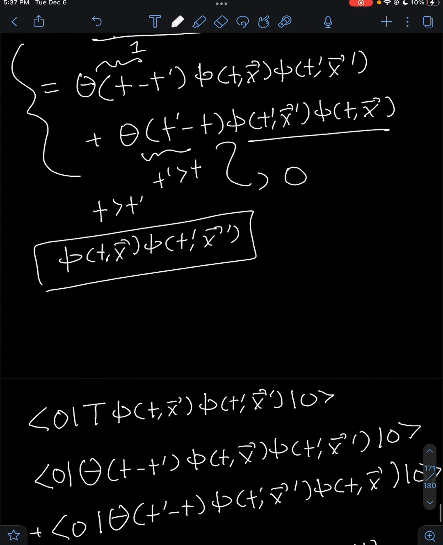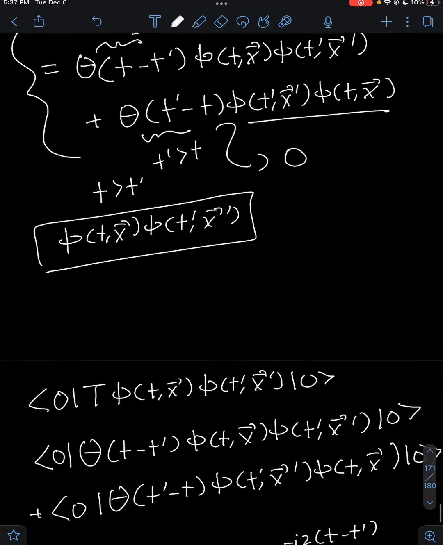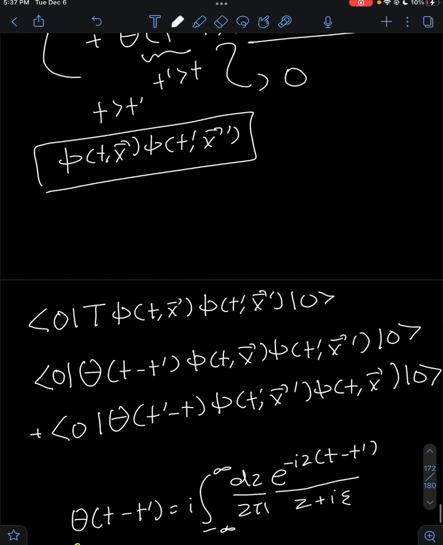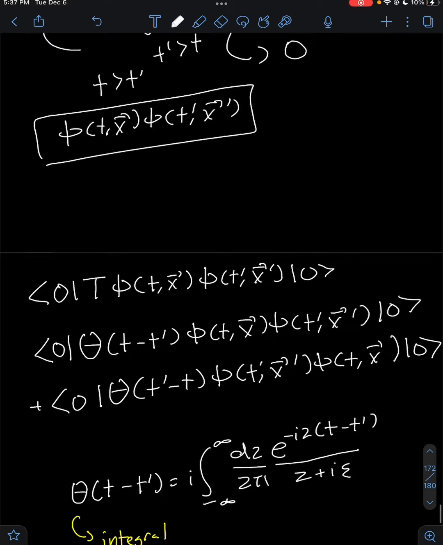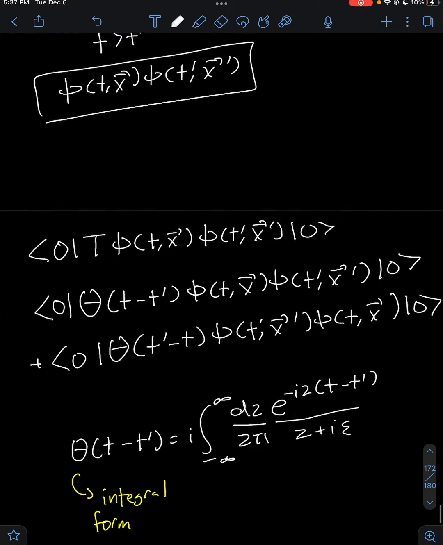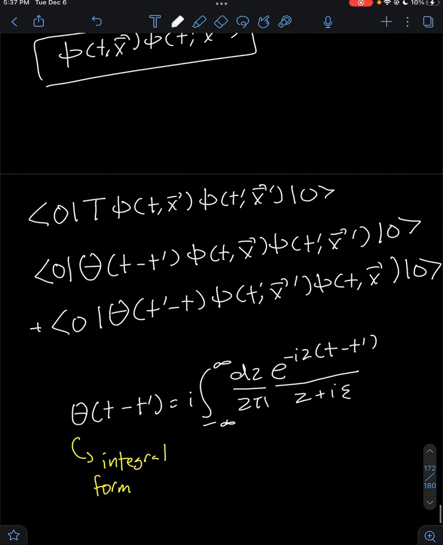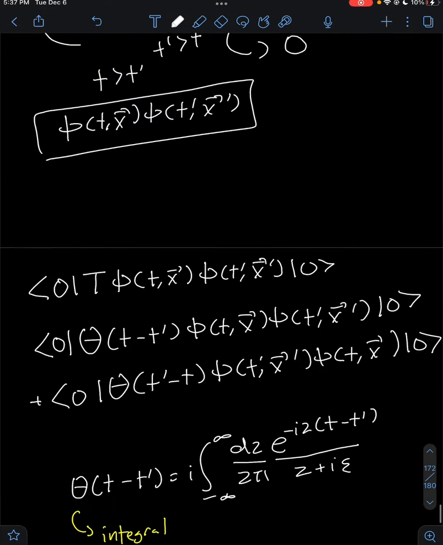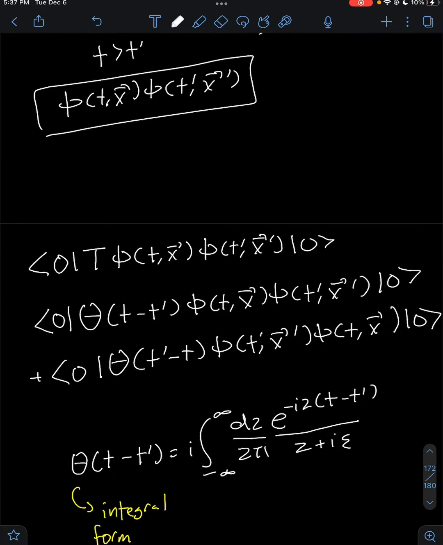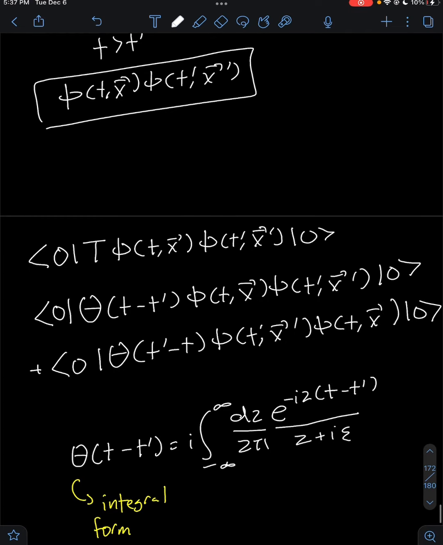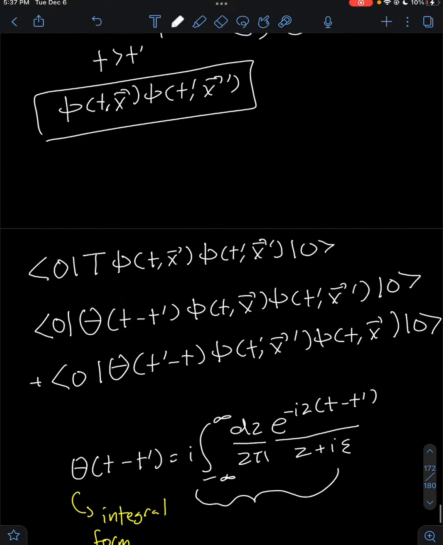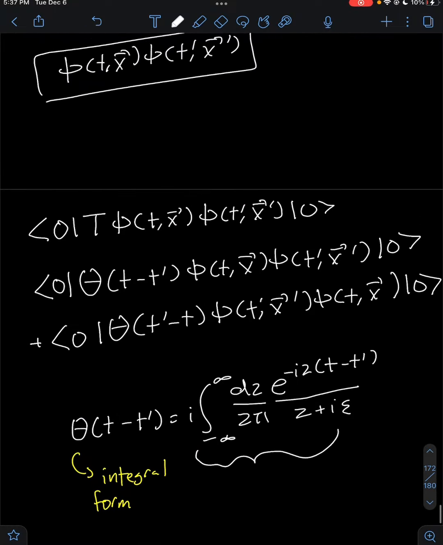So to simplify this, we have to note that we can write out the step function in terms of a complex integral, or, I don't think it's technically called that, but an integral of a complex function. Now you might be wondering how we get this integral over here. I'm not really sure, but I guess it's a cool fun fact.